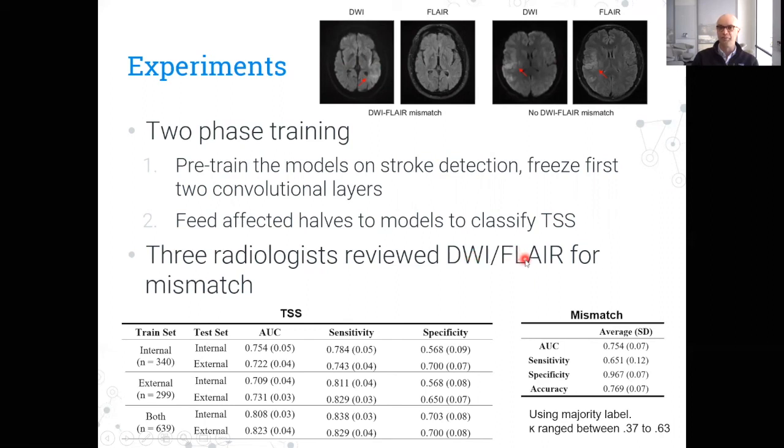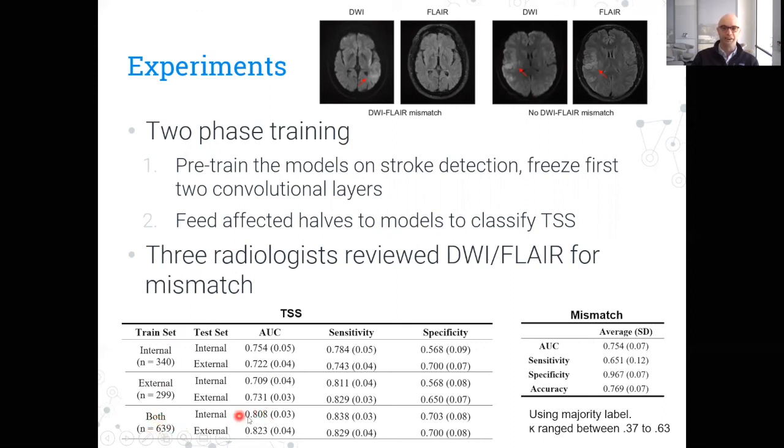This is a current biomarker for measuring stroke onset times, and we used it as a label as well here. What you can see in this busy table is that we trained models on internal data, external data, and both data sets. We found the best performing model was trained on both data sets.